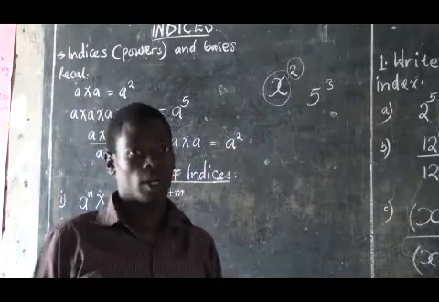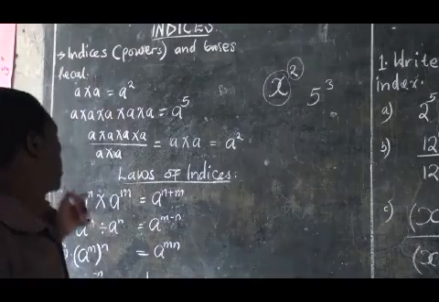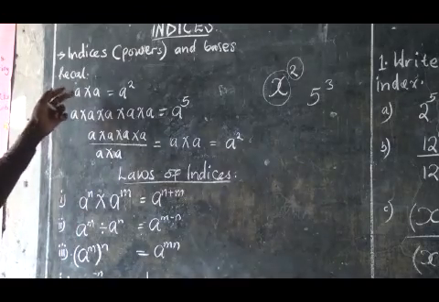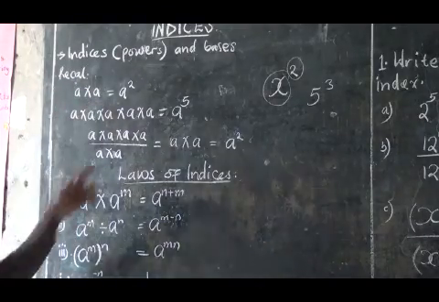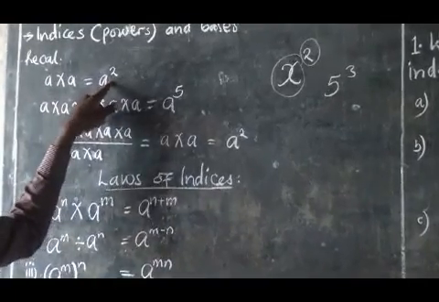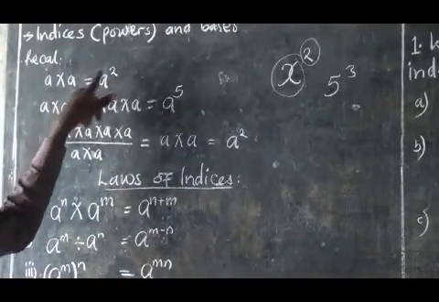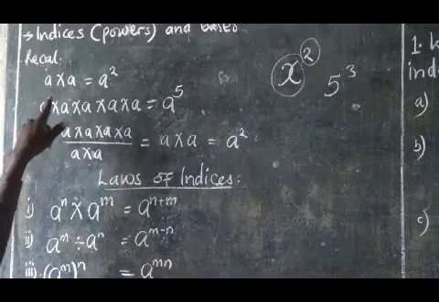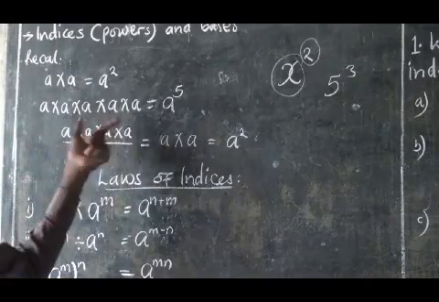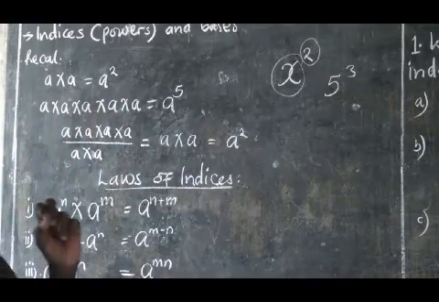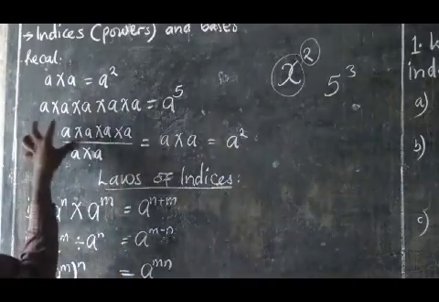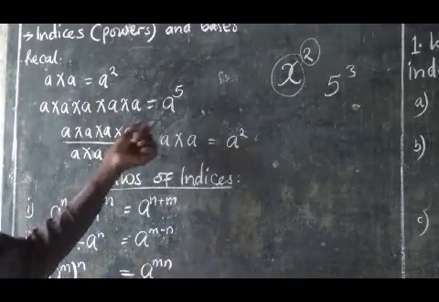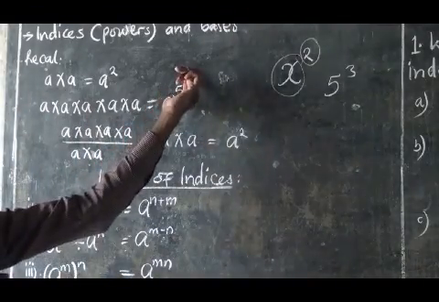Now from there, we can recall that a times a, we get a squared. A times a times a times a times a, this is 5 times. It is not 5a, it is not 5 times a. It is a power 5.